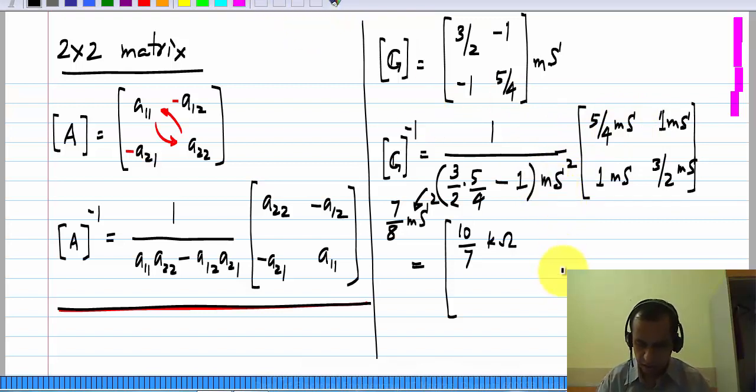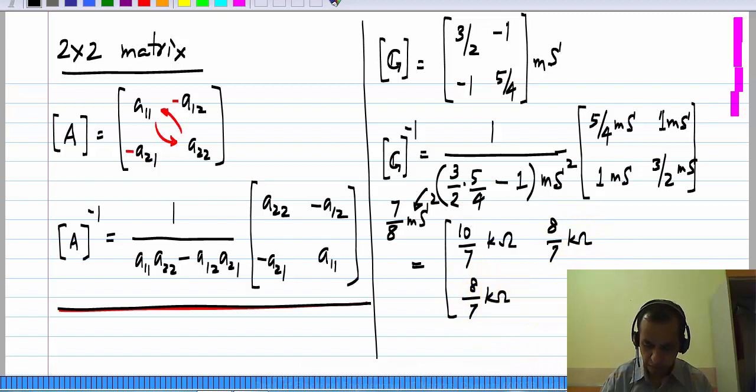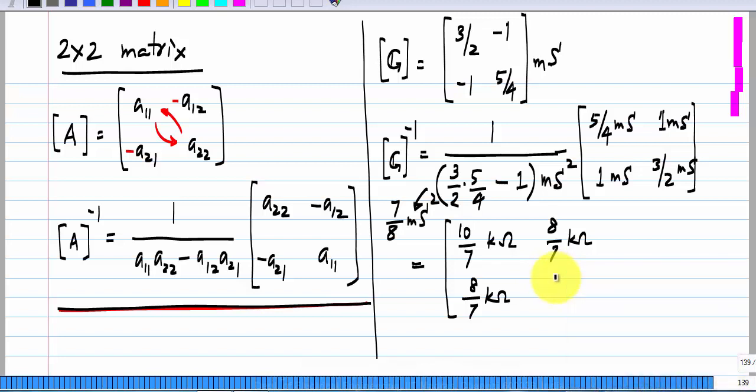8 by 7 kilo ohm, 8 by 7 kilo ohm, and 12 by 7 kilo ohms.